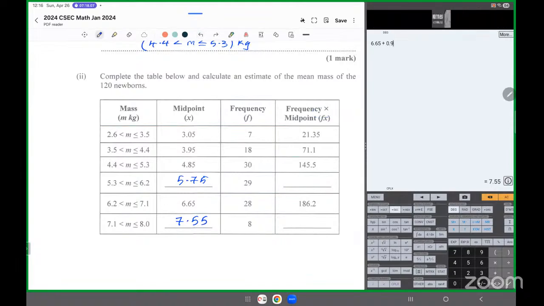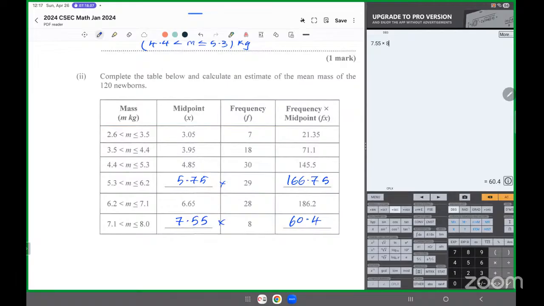So multiply 5.75 times 29. That gives 166.75. Then multiply 7.55 times 8. That gives us 60.4.